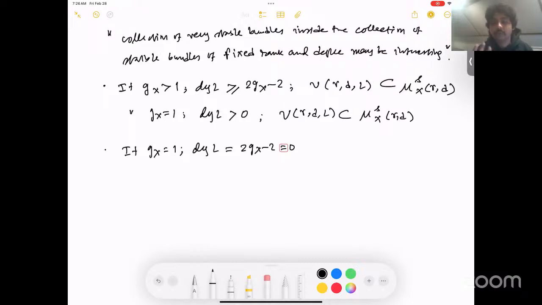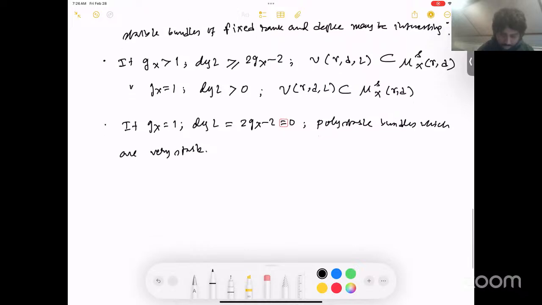We need to consider their strong equivalence. So we will consider the polystable bundles which are very stable. Again, we will call it VR DL inside the moduli space of polystable vector bundles on an elliptic curve. Okay.